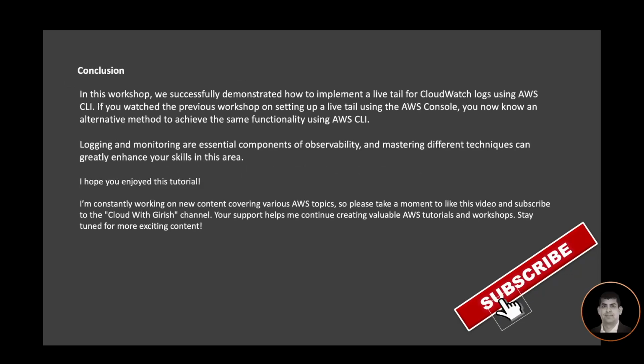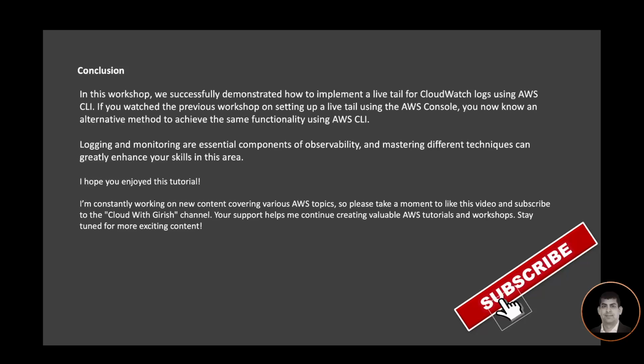So in this workshop, we successfully demonstrated how to implement a live tail for CloudWatch logs using AWS CLI. If you watched the previous workshop on setting up a live tail using the AWS console, you now know an alternative method to achieve the same functionality using AWS CLI.